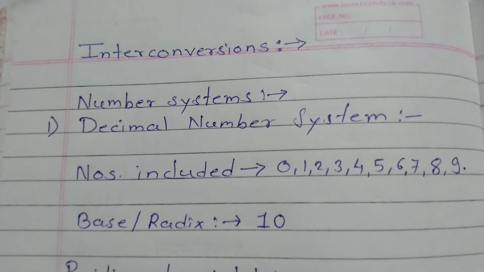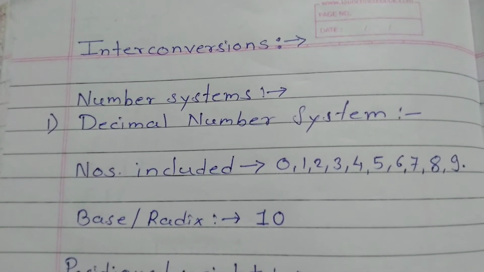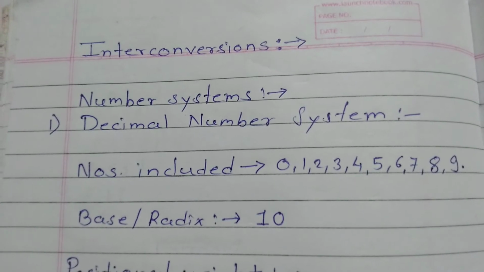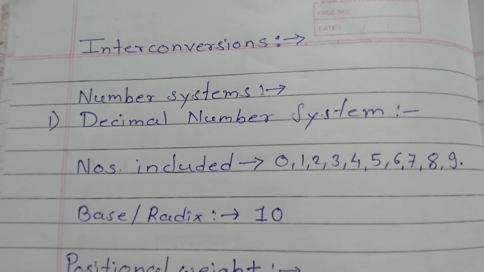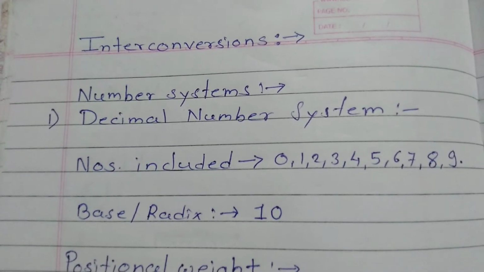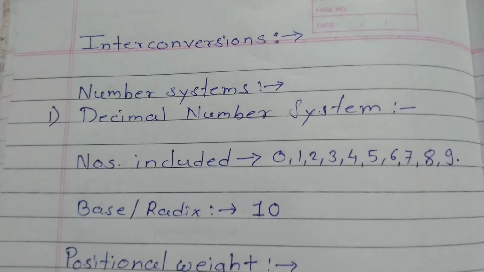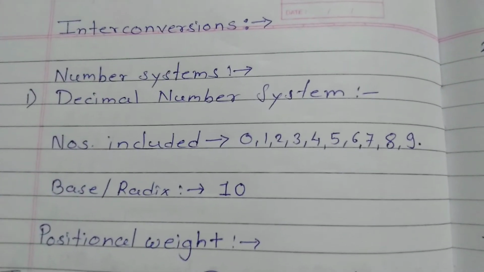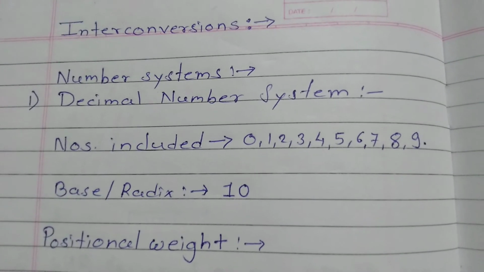So let us start to understand the number system. The number system means a number representation in a particular format. Let us first understand the decimal number system. We know that the decimal number system includes the numbers 0 to 9.